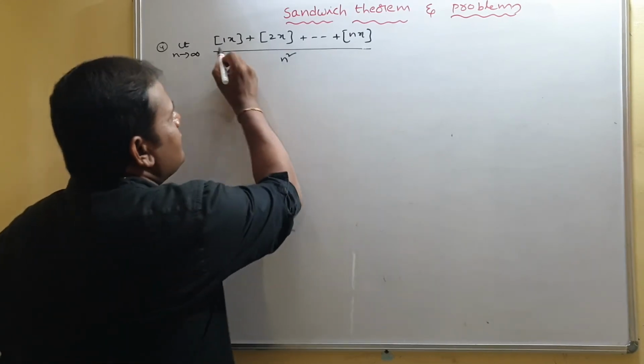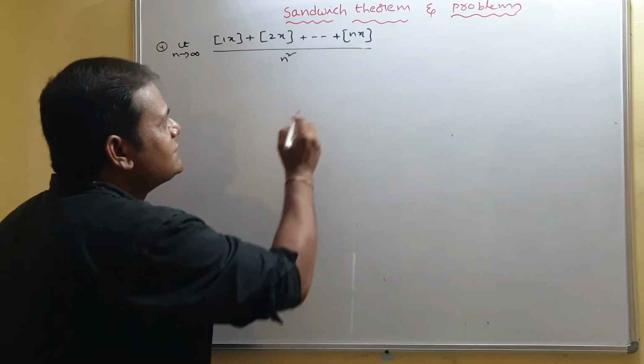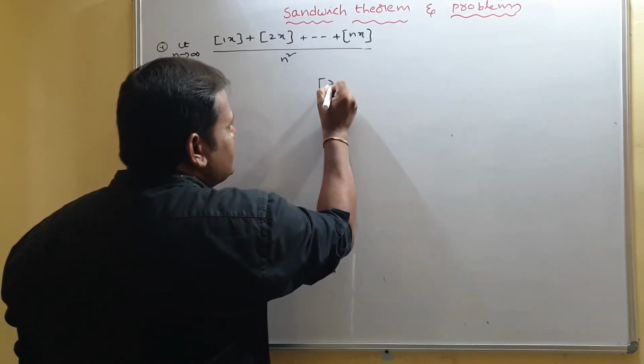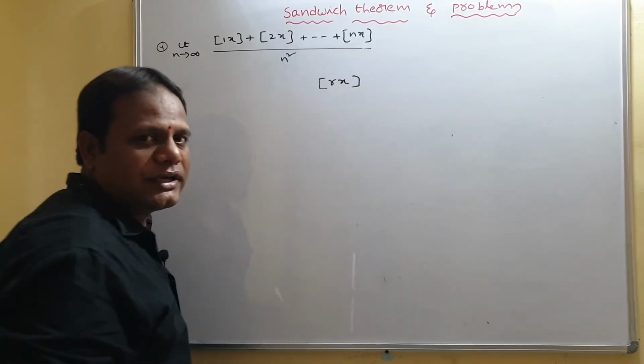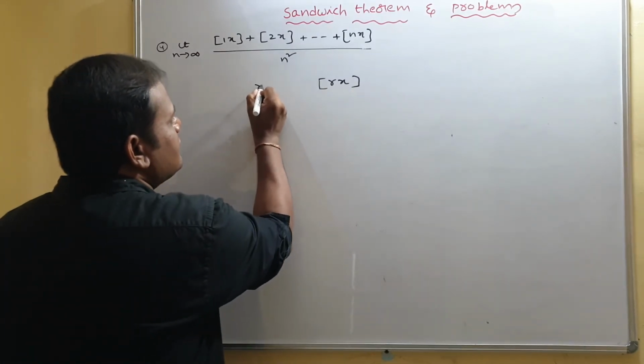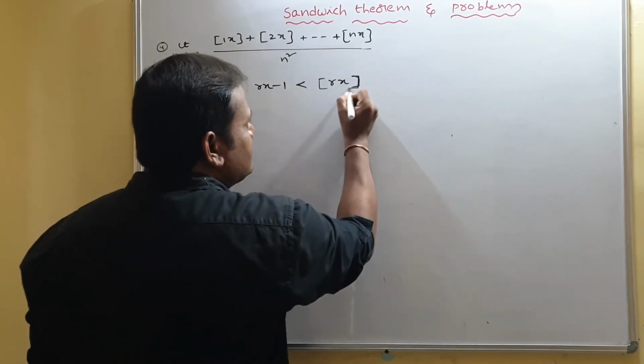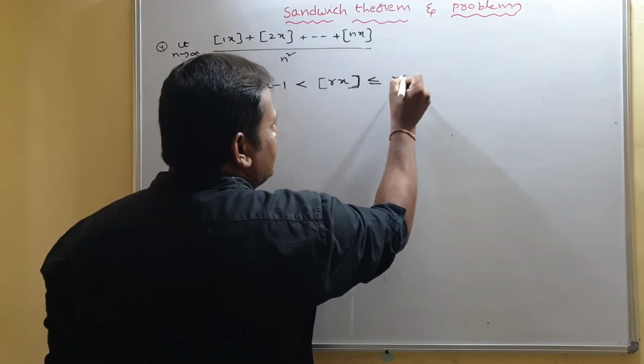So here step 1x, step 2x, so on, step nx. In general, I am taking step rx. You take the inequality with step rx. Then rx minus 1 is less than step rx is less than or equal to rx.